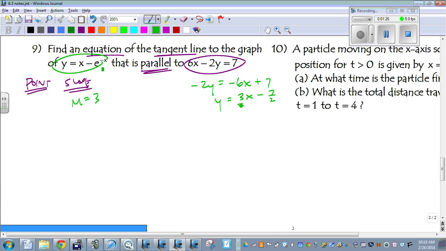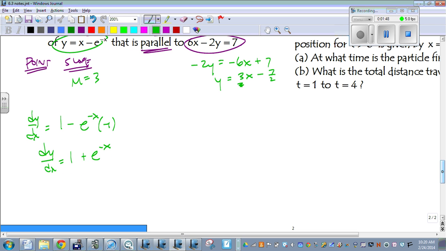First we have to figure out what the derivative is. So dy/dx, derivative of x is just 1, minus e to the negative x, times derivative of negative x, so times negative 1. So our derivative turns out to be 1 plus e to the negative x.